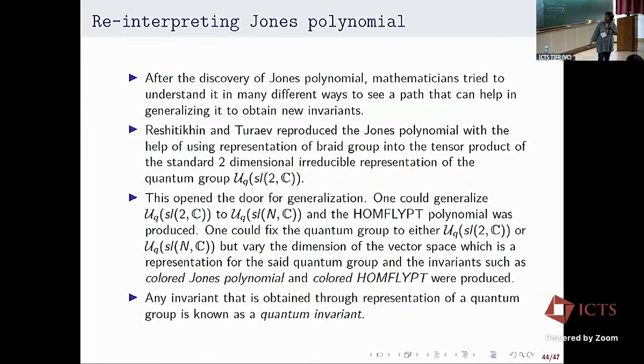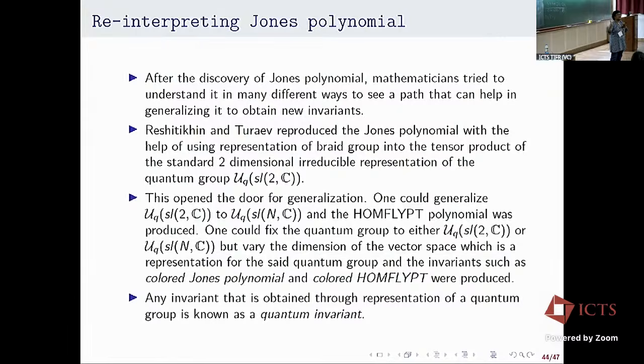And that opened a door for generalizing, because there is a special quantum group which is denoted by SL2C. Now, 2 is just because there are 2 by 2 matrices with trace 0. So the set of all 2 by 2 trace 0 matrices is SL2C. Their quantized version, its representation theory, and a very specific representation, two-dimensional.